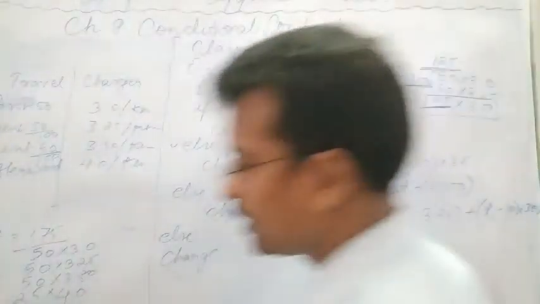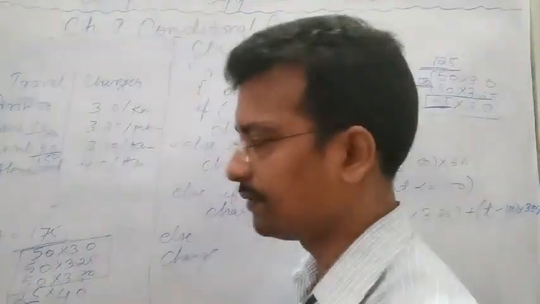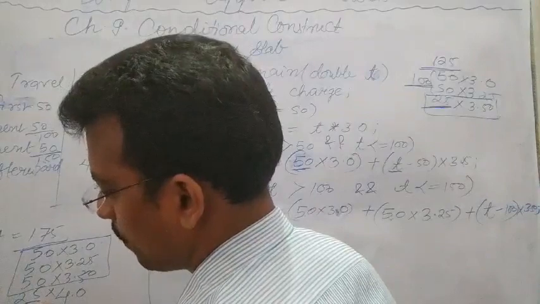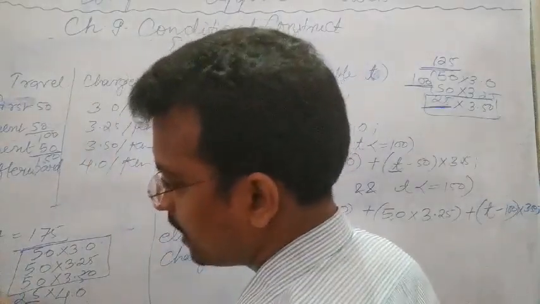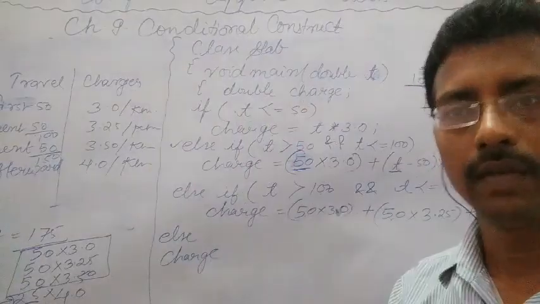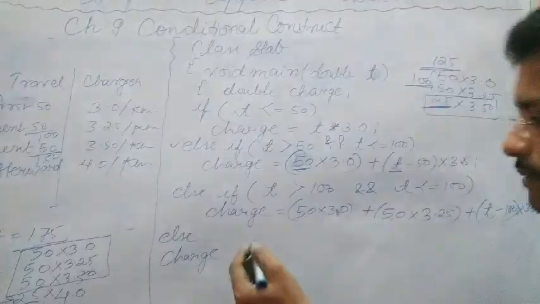So how will you get this 25? Normally you do 50, 50, 50, and after that you do t minus 150. So the remainder you will get is 25. Clear? This way you have to make the slab. So let's make the slab.